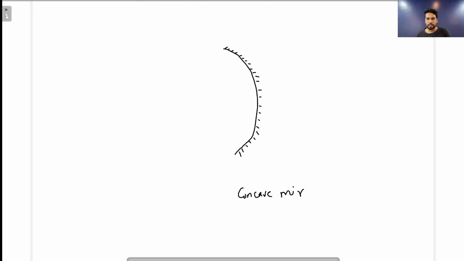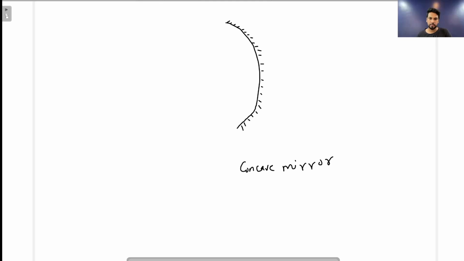Now, the first part of the mirror that you should know is called the pole of the mirror. You might ask me, where is the pole? Let me tell you what the pole looks like. When a part of a sphere is cut, the two-dimensional view is a circle.